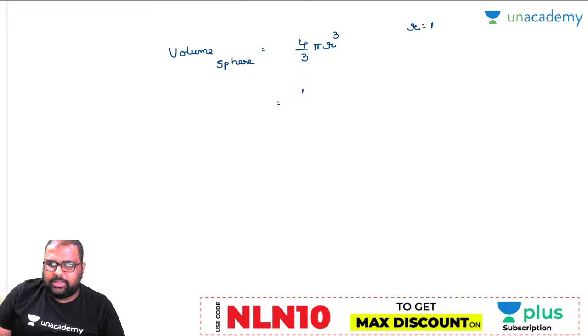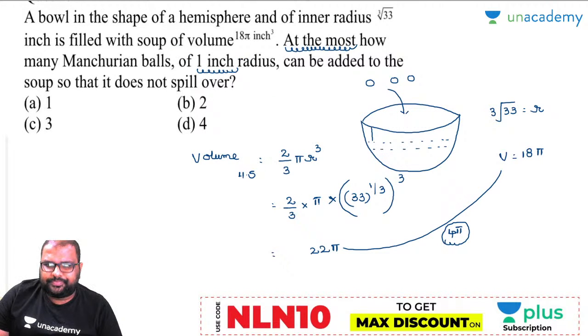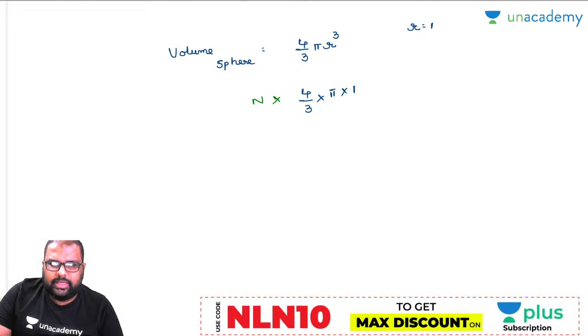And each Manchurian ball radius is 1 inch, it seems. So with 1 inch, 4 by 3 into pi into n, the number of Manchurian balls n, into r cube, which is 1. So can I write down like this? Yes, I write down like this. n into 4 by 3 pi, n being the number of Manchurian balls, must be equal to how much?